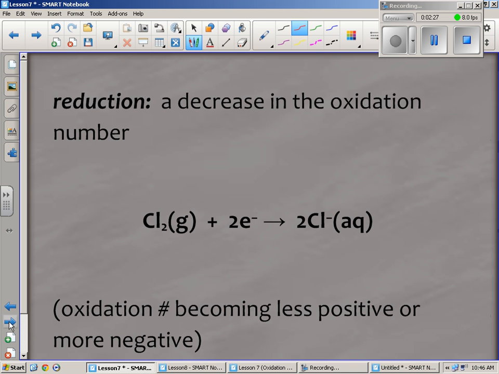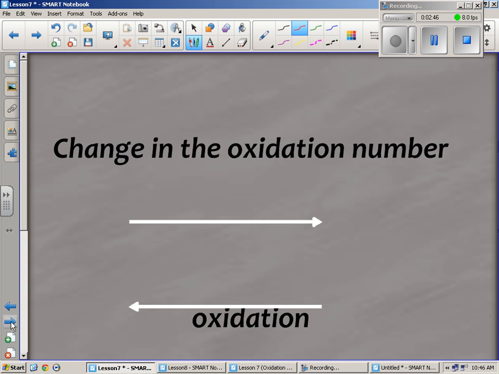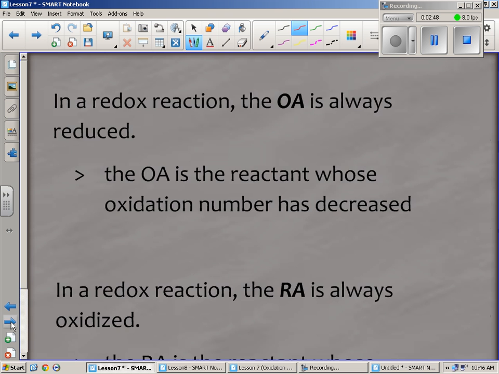And vice versa, if it's being reduced, it's going down in numbers, just like reduced sounds. You're going from 0 to 1 minus in this case, so it is being reduced. This is your oxidizing agent.